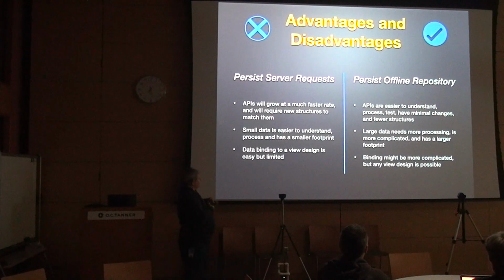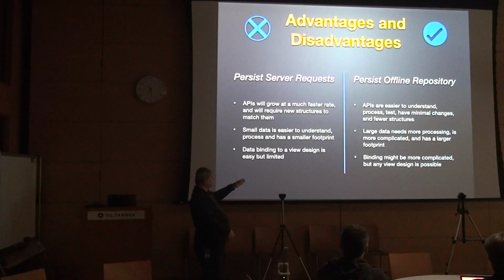The advantage of having smaller data, though, is it's less complicated. It's a lot easier to understand. It's like, okay, here's the API, here's what the result is. I don't have to think about anything in the future or anything else that's going on. I'm just going to do my feature and do my thing, and it has a small footprint.